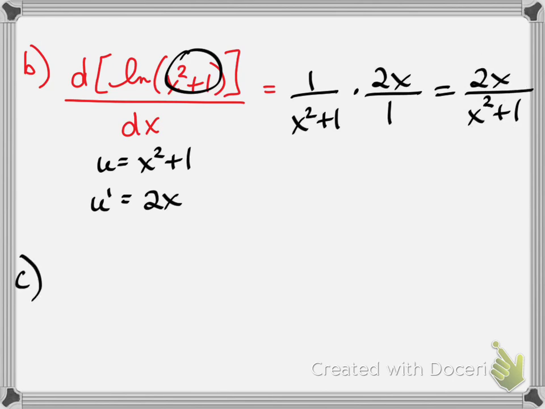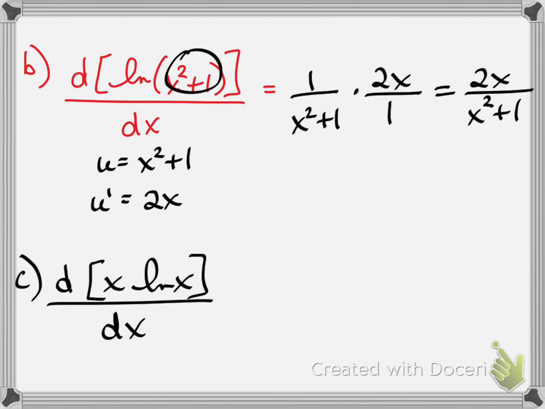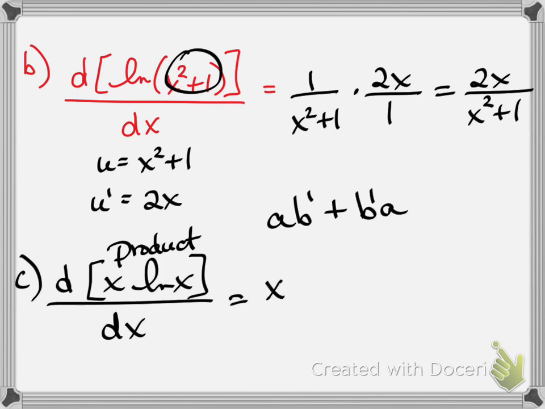C part. I think we did this one in class too. What's the derivative of x ln of x? You have to get your mind thinking about derivative rules again and ask what type of problem this is, and that's a product. So that's first derivative of second, plus second derivative of first, which is the derivative of ln of x.